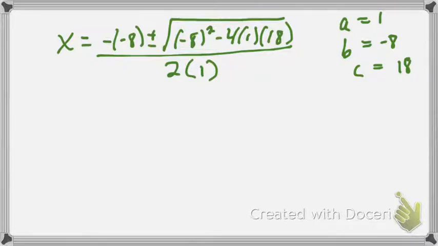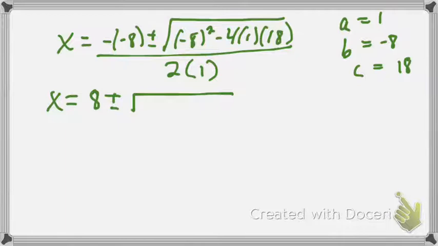Alright, so now we're going to have x equaling a negative 1 times negative 8. It's going to be a positive 8 plus or minus the square root. Okay, so we're going to have negative 8 squared, so that's going to be 64.